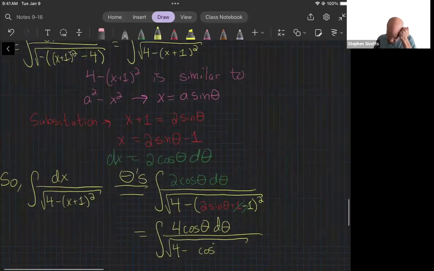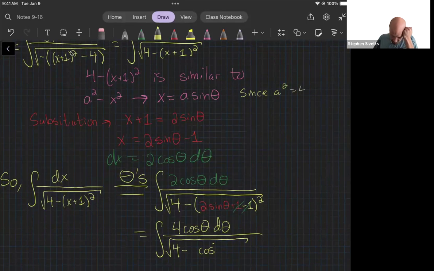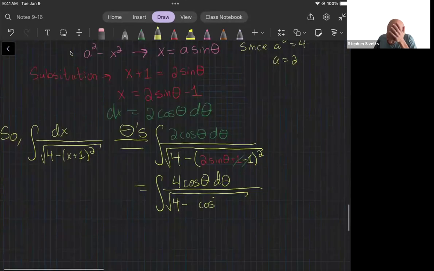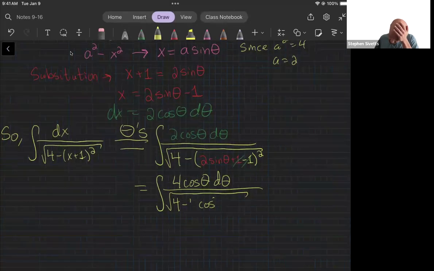Yeah, so the a is 2, since a squared is 4, a is 2, right? So we'll have 4 minus 4 sine squared theta on the bottom.